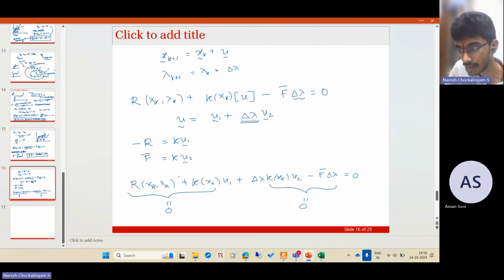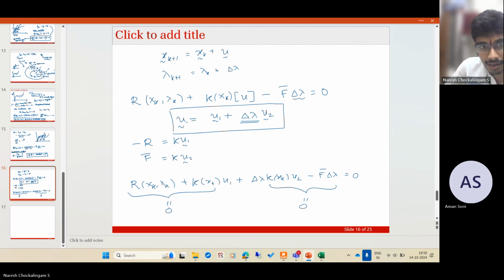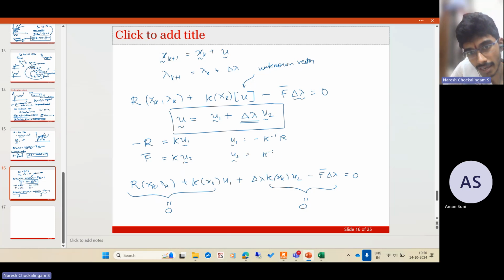Now we just have to substitute this form of U. So what we have done, U is an unknown vector. We have expressed this as a sum of two known vectors, where u1 is equal to minus k inverse r, and u2 is equal to k inverse f bar.